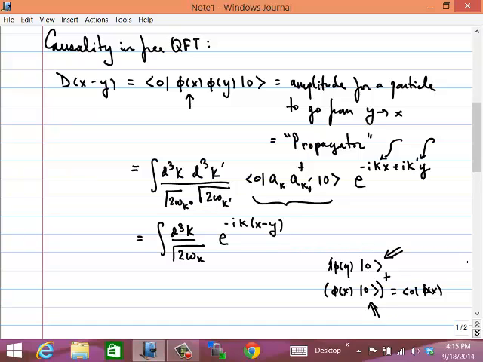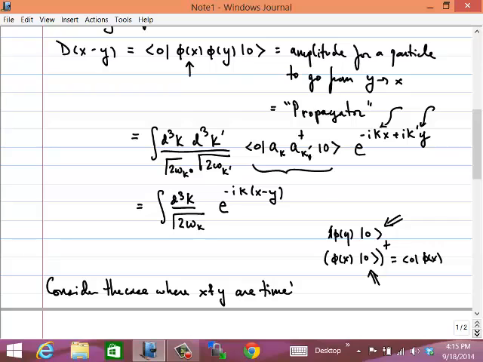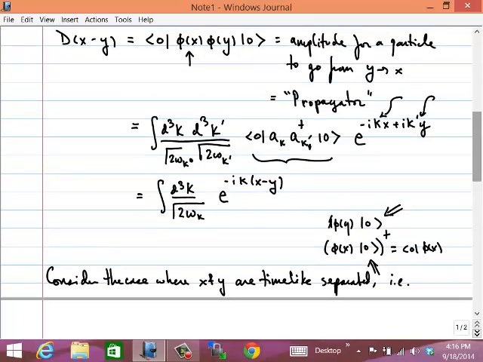Okay, so what does this look like, at least qualitatively? So first, let's consider the case where x and y are time-like separated. So what this means is that x could be in either the future or the past of y.